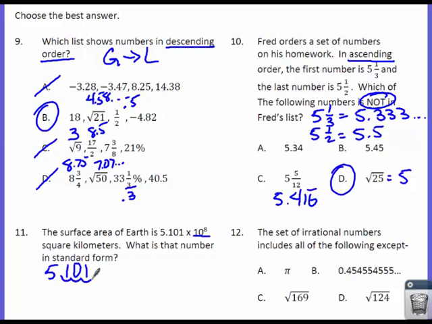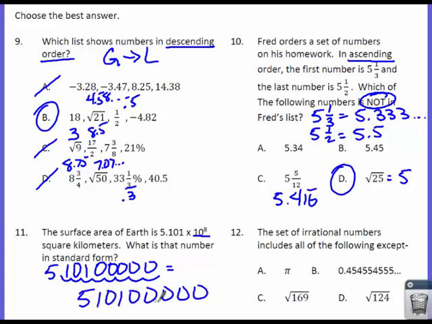There's 1, 2, 3, and now I need 5 more places. 1, 2, 3, 4, 5. So for the empties, we add zeros. For our official number then, it's 5101 followed by five zeros, and then we throw in the commas for good measure. And we tack on the label. Since it's a word problem, it's kilometers.